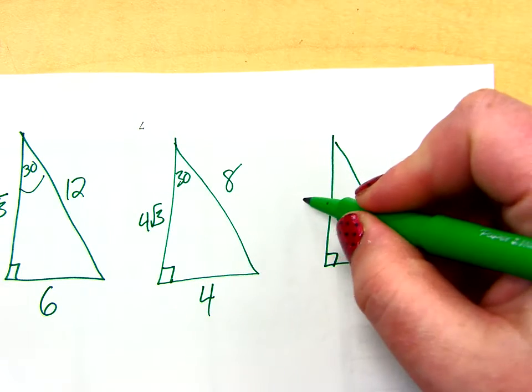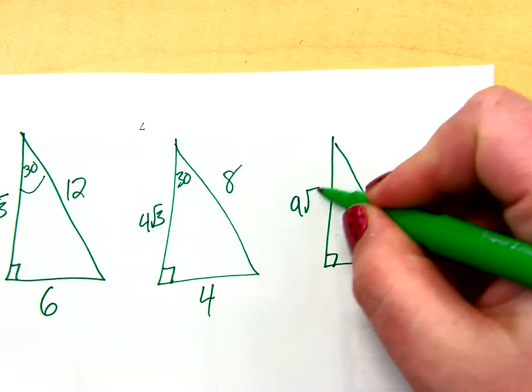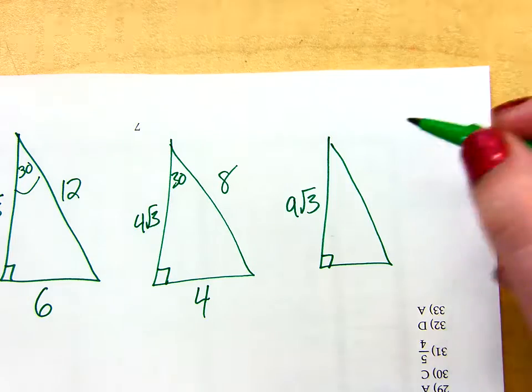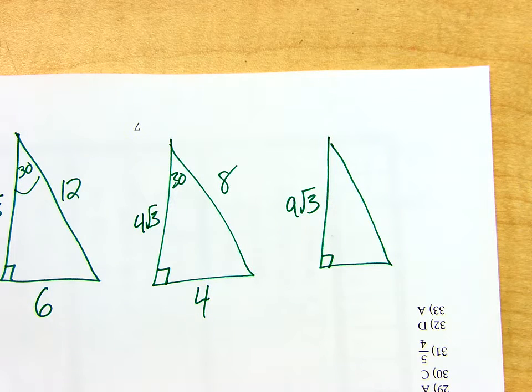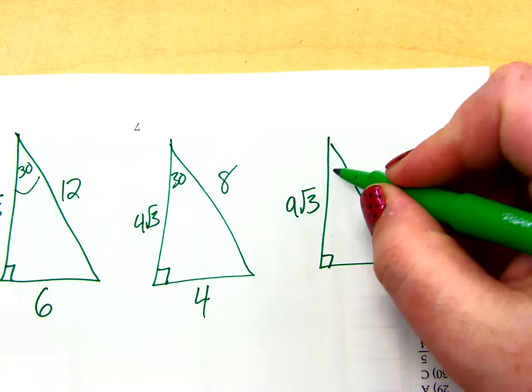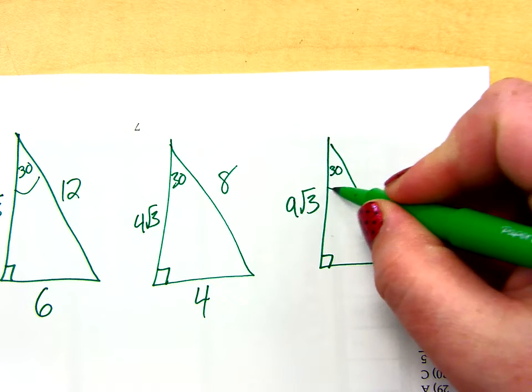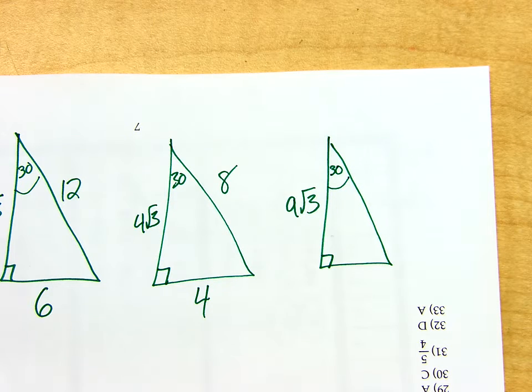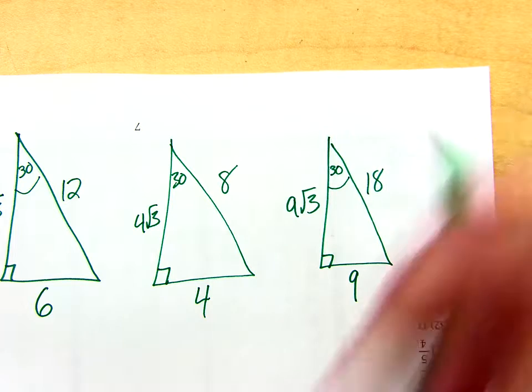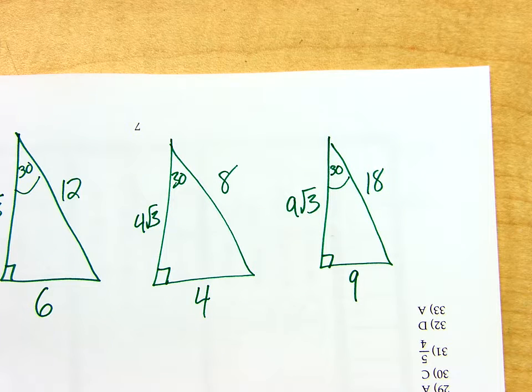Let's say it was, I don't know, 9 root 3. Oh, what's the short side? Fooled you. You don't know what's a 30, 60, 90 yet. Okay, now it is. So now, yes, the short side would be 9 and the hypotenuse would be 18. Right. Okay.